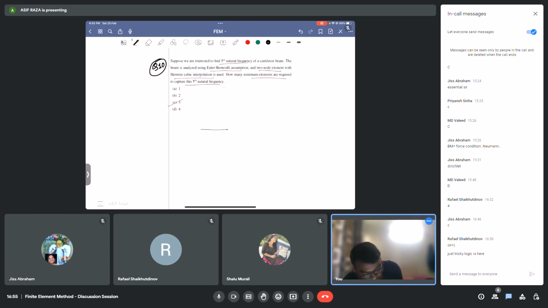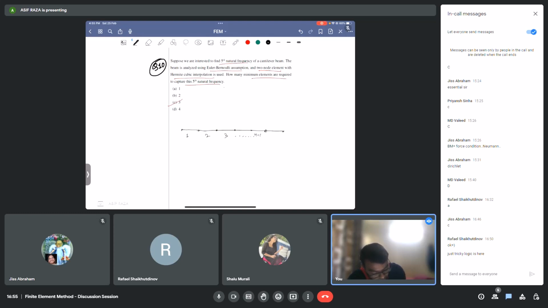So, a two noded element: one, two, three, four. When we consider one element, it has 4 degrees of freedom, right? Better not consider this. I'll consider a series of elements: one element, two element, three element, like this.